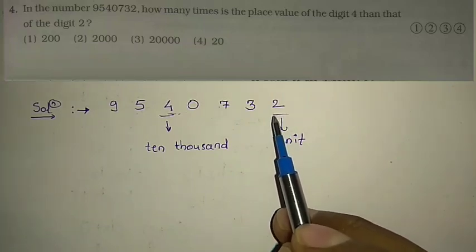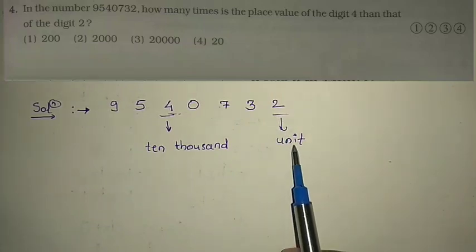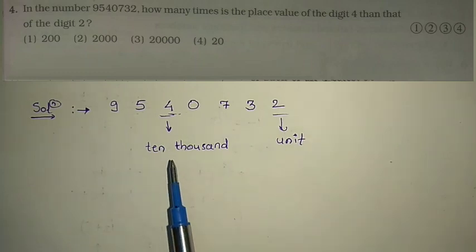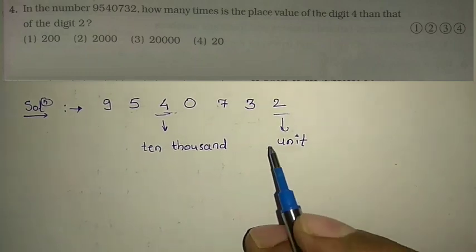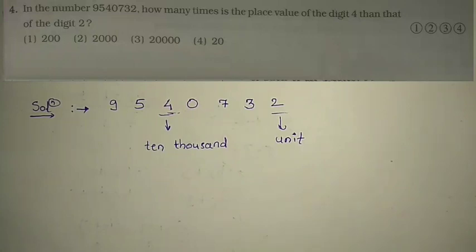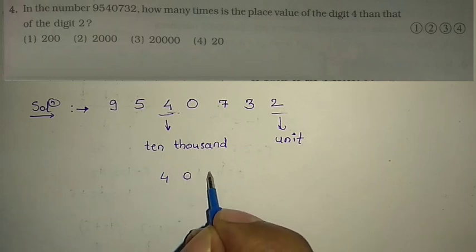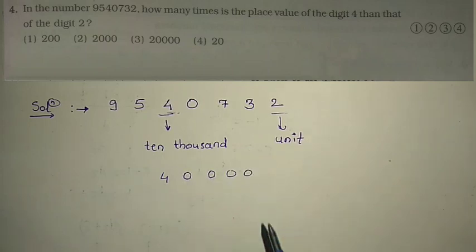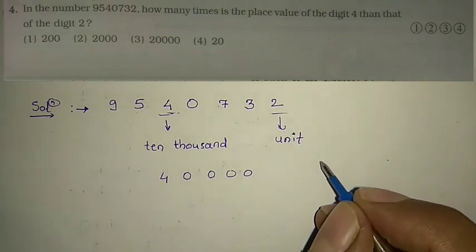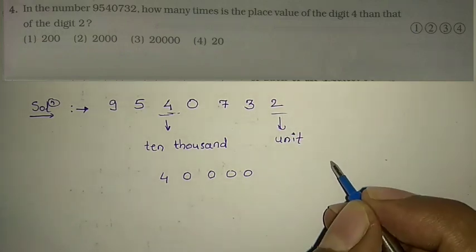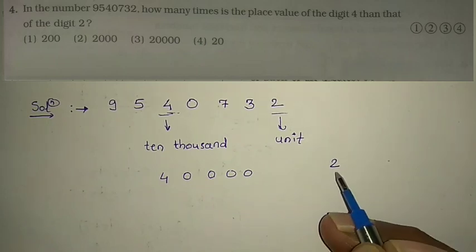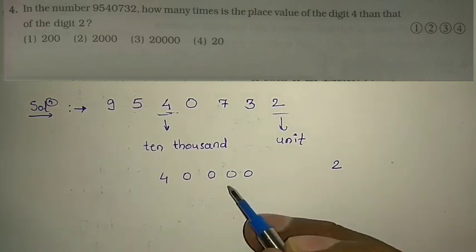By which number will you multiply 2 so that the value of 2 becomes 40,000? How many times means you have to do multiplication. If you write it in expanded form, 40,000 will become like this: 4 0 0 0 0. This is 40,000 and this is 2. By which number will you multiply 2 to get 40,000?